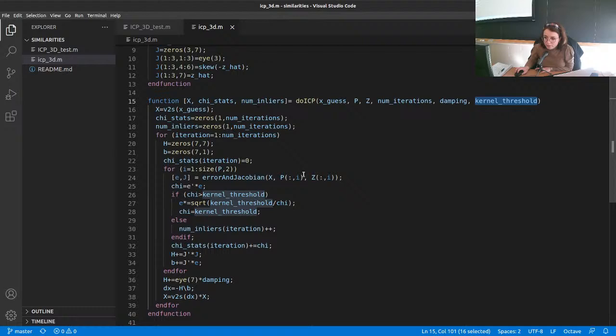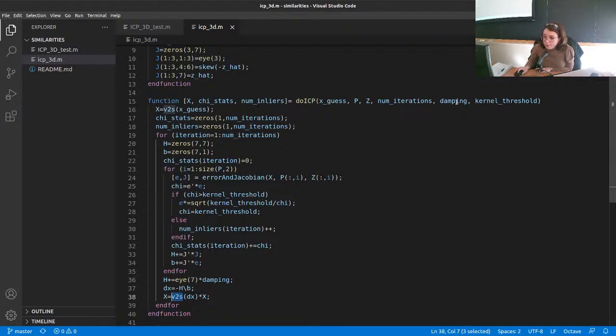During each iteration, you build the H and b matrices, and then you use them to solve the linear system, from which you obtain the perturbation delta x. Once you have delta x, you can update the estimate of the state by using the box plus operator. In this case, the box plus operator is a vector to similarity function.